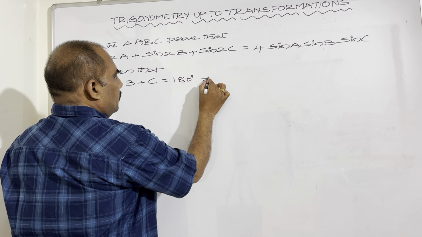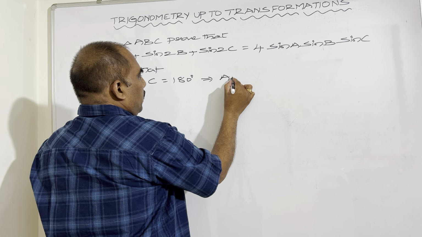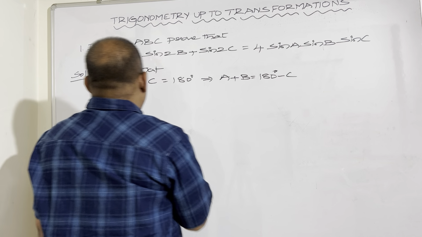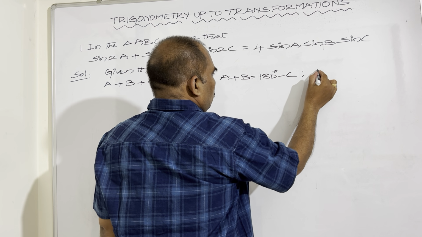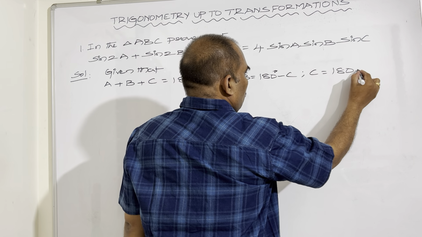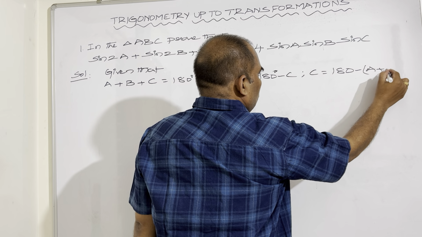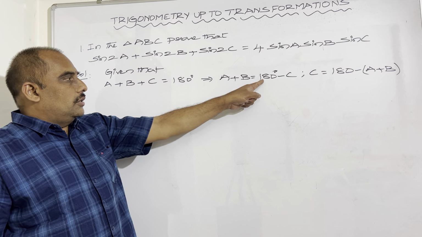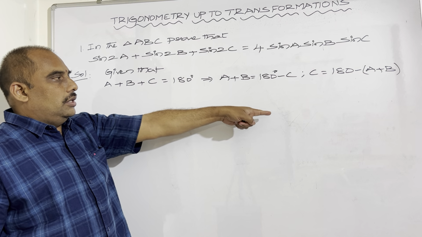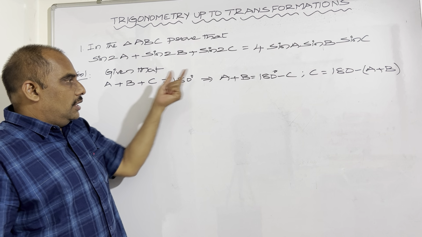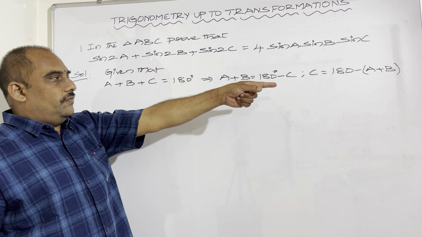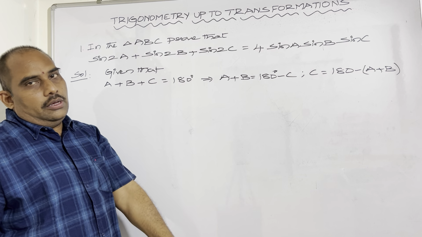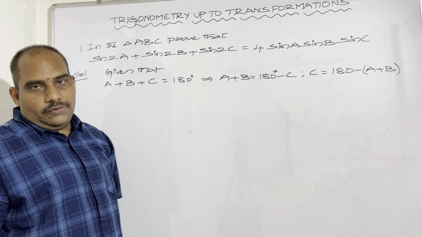From this, we can write A + B = 180 minus C, and in the same way, C = 180 minus (A + B).